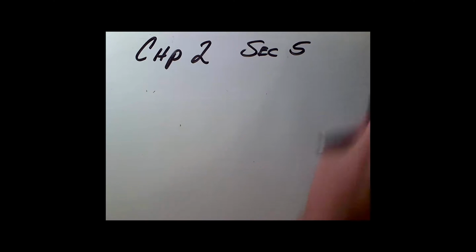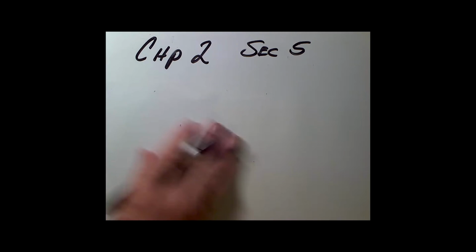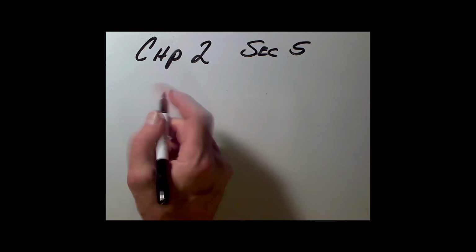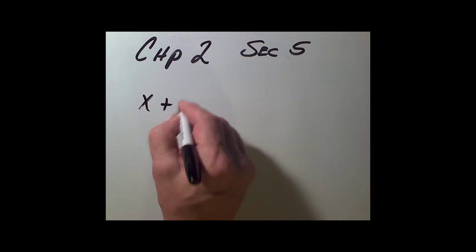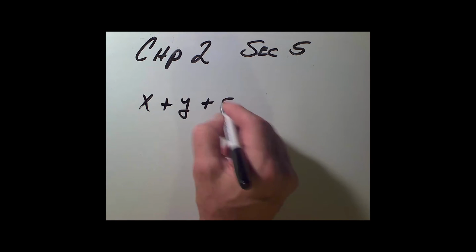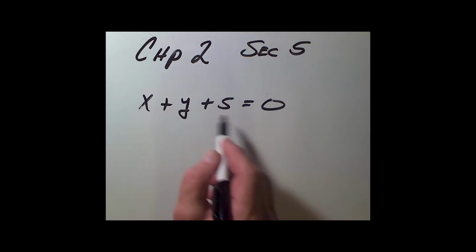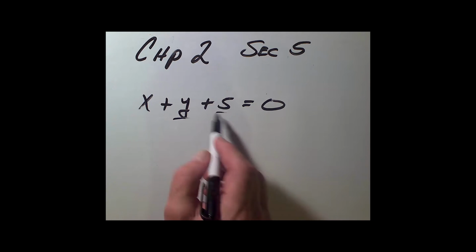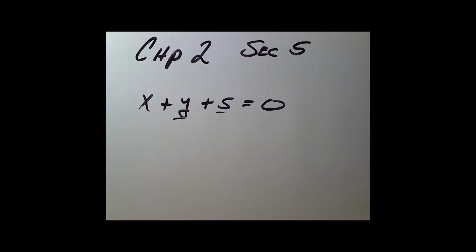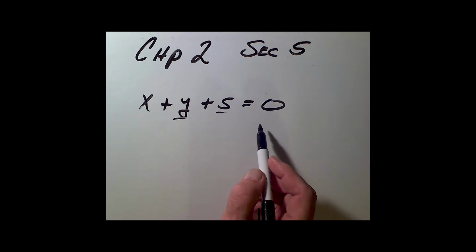Let's take a look at another example. Let's say it was x plus y plus 5 equals 0. And I wanted to solve again for x. Now this time, I have to bring two different entities over to the other side of the equal sign. I've got to bring my y over and my 5 over.